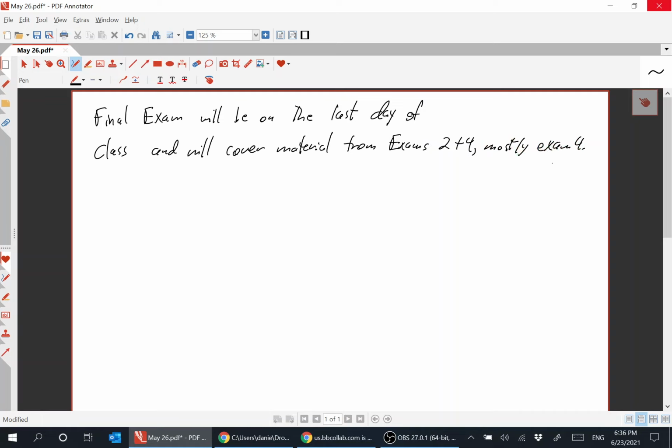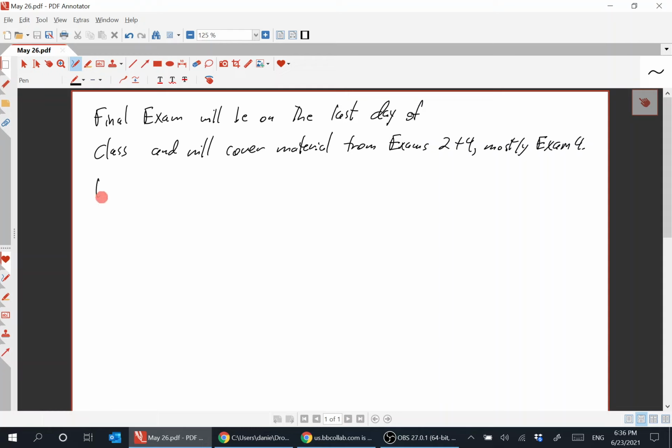The stuff from exam 3 is essentially incorporated into the material for exam 4. So the stuff for exam 3 is included as well, although no questions specifically on that.